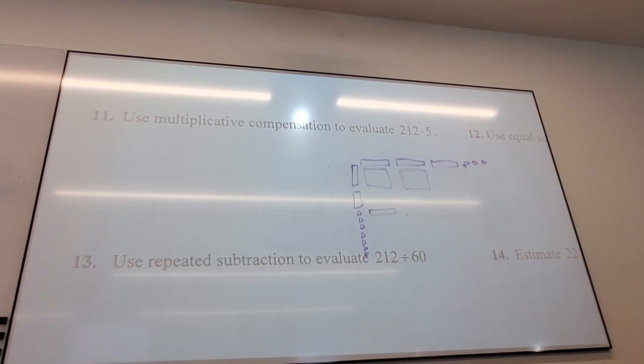So the lattice method is really kind of nifty. There's a lattice method for multiplication and there's a lattice method for addition. And I missed both of them. Where was the addition one?